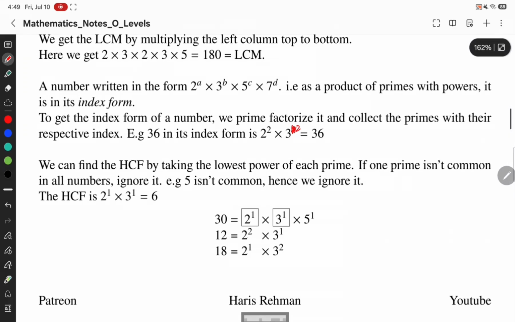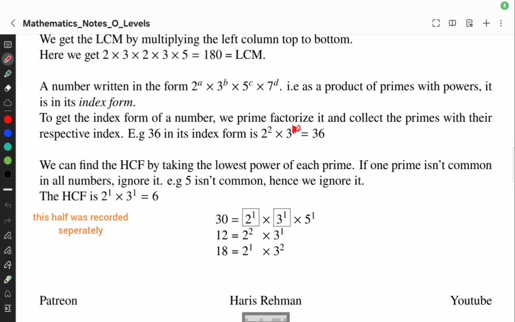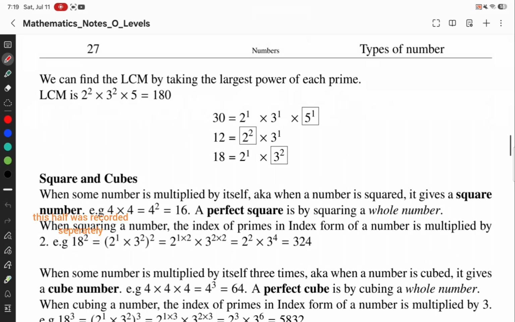We can find the HCF by taking the lowest power of each prime. If one prime is in common in all numbers, ignore it. Example, 5 is in common, hence we ignore it. Next, we can find the LCM by taking the largest power of each prime.